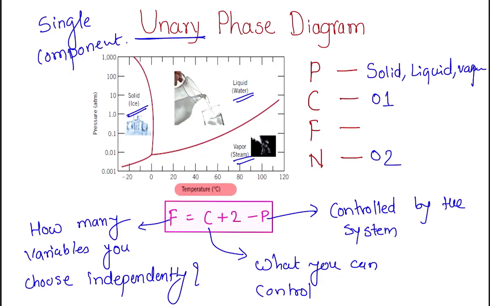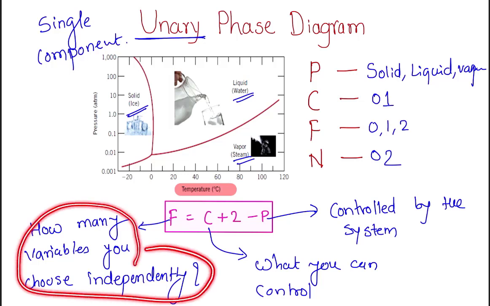The degrees of freedom can be 0, 1, 2. I will tell you how the degrees of freedom are changing here and what the meaning of degree of freedom is. Degree of freedom means how many variables we can choose independently.